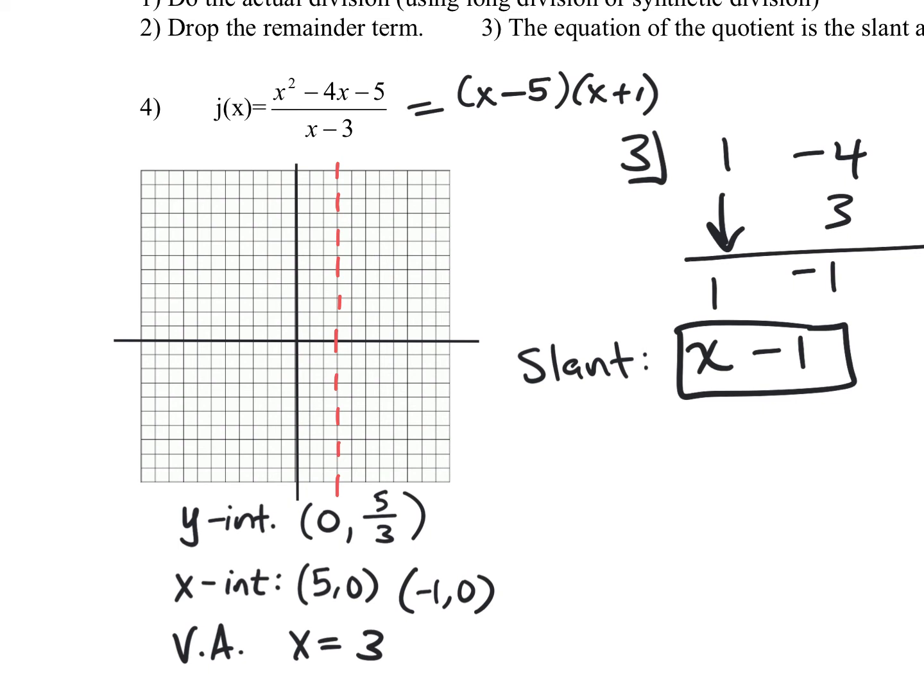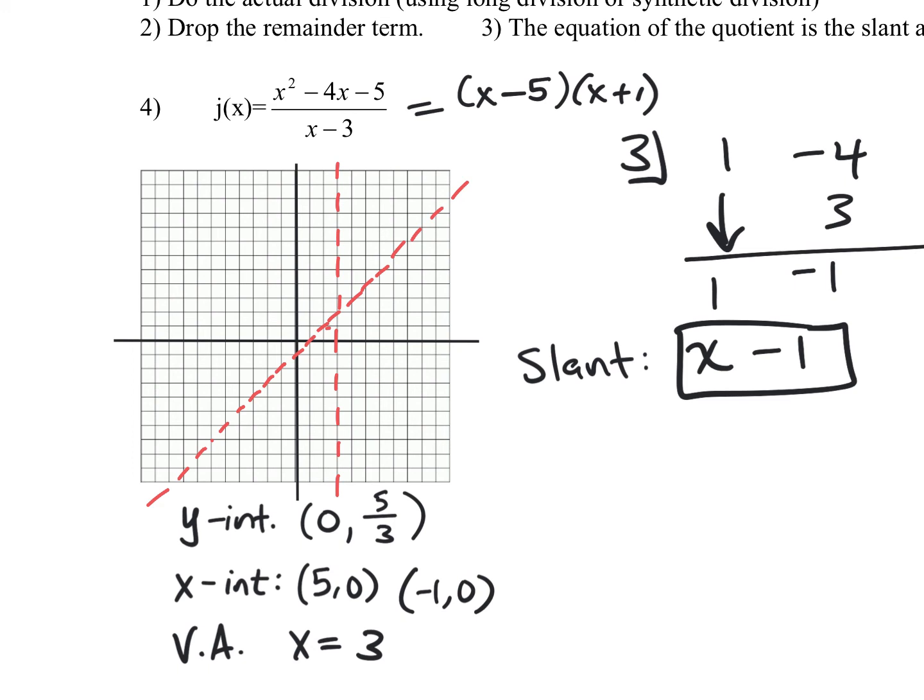Now I'm going to go ahead and graph our slant asymptote. It has a y-intercept of -1 and a slope of 1. So it would look like this. So that slant asymptote is going to give our function shape.